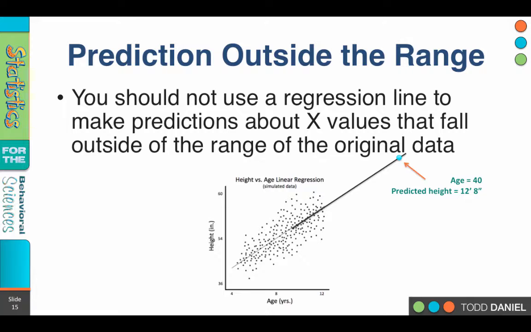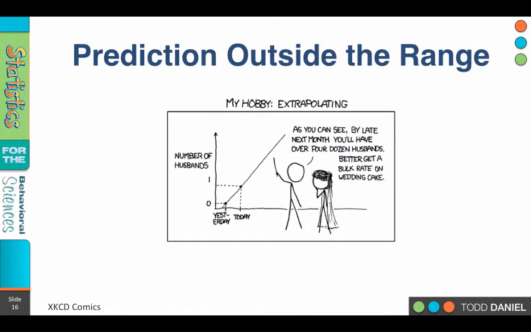If I were to predict using this line what your height would be at age 40, I predict that you'll be 12 feet 8 inches tall. Because my predictor value of 40 is outside the range of my original data, ages 4 to 12, that prediction is speculative at best and quite possibly incorrect. So we should never use our regression line to make predictions outside of the range.